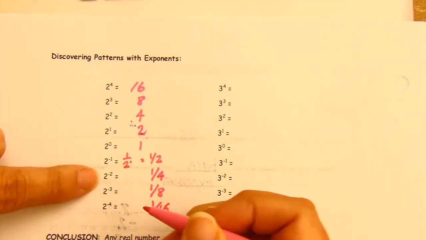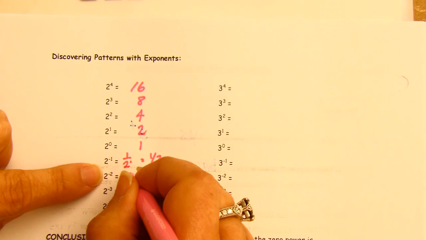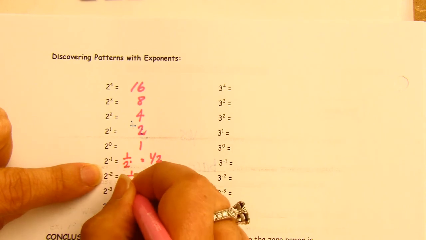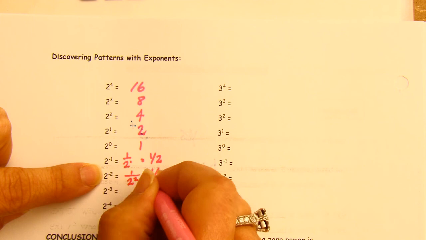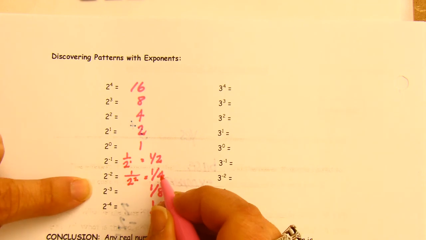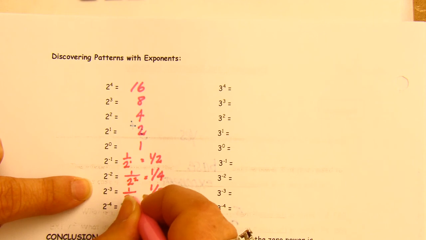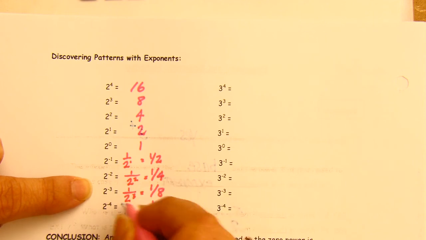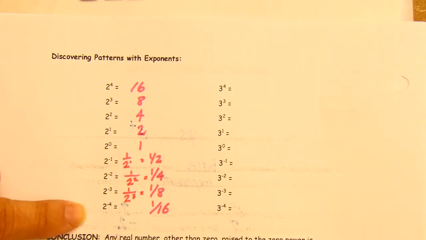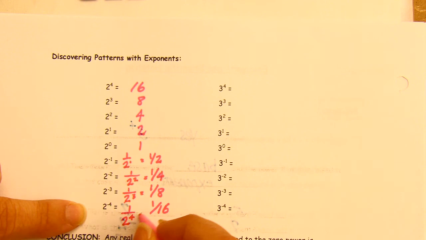And this one here, 2 to the negative 2, is really 1 over 2 squared, and that equals 1/4. And this one here is really 1 over 2 now to the positive 3, and 2 cubed is 8, and here I get 1/8. And then the last one here is really 1 over 2 to the positive 4. And 2 to the 4th is 16, so this becomes 1 over 16.